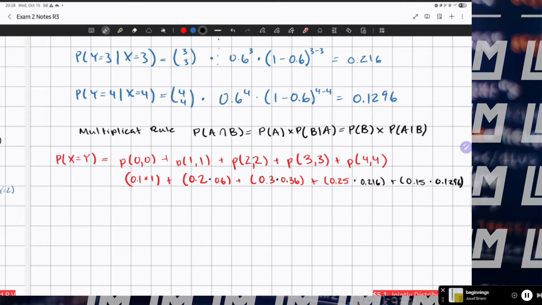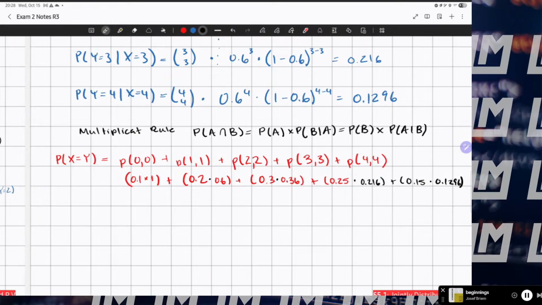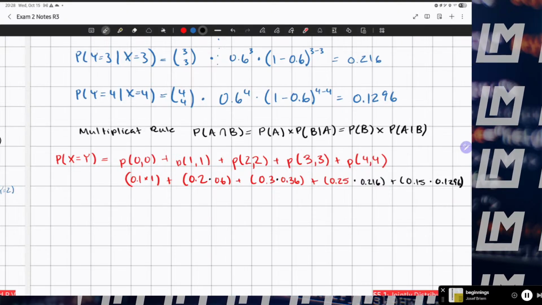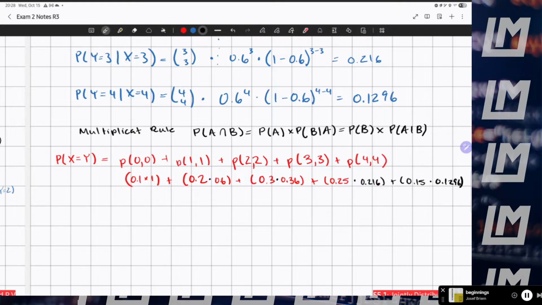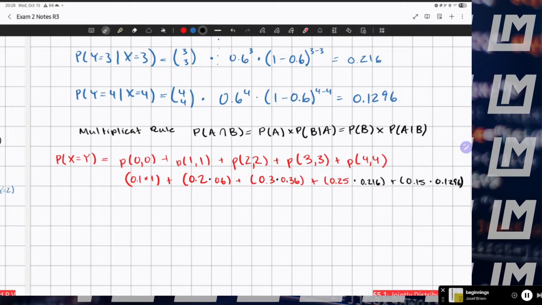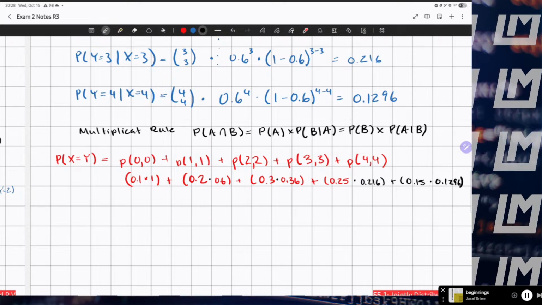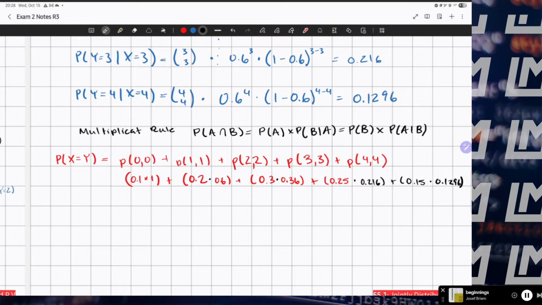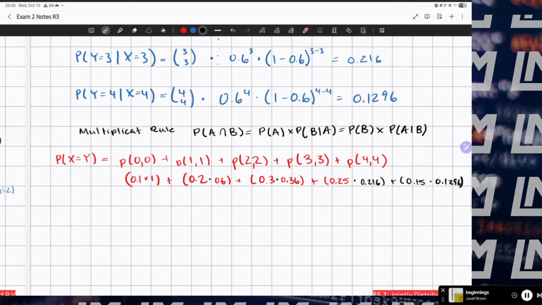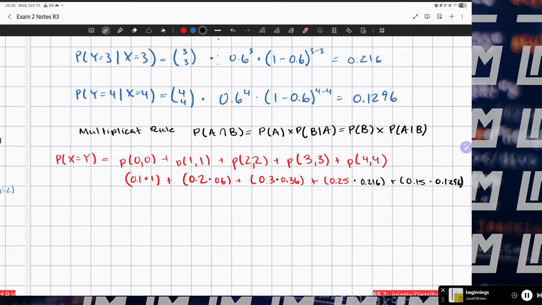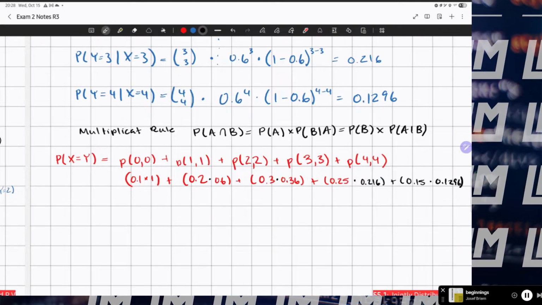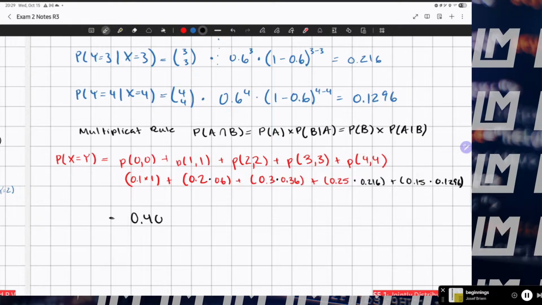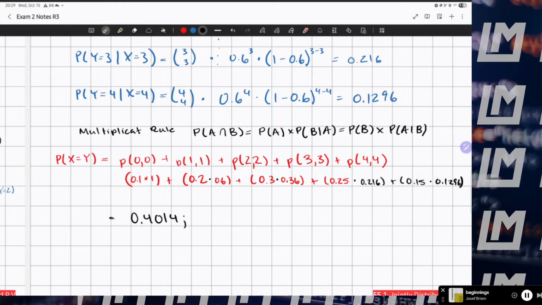0.1 times 1 plus 0.2 times 0.6 plus 0.3 times 0.36 plus 0.25 times 0.216 plus 0.15 times 0.1296 equals 0.4014 approximately.